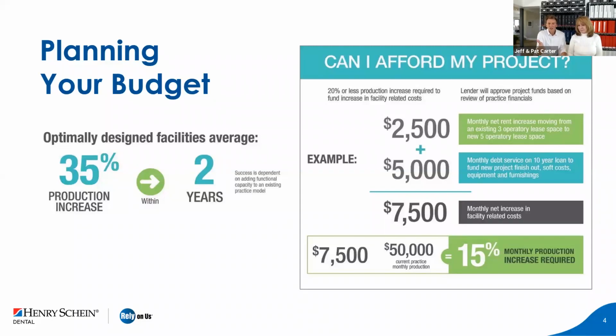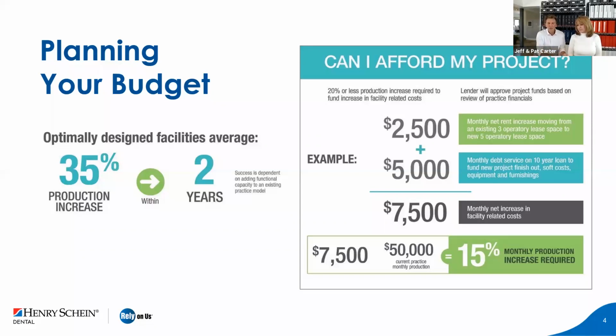So for example, here's a hypothetical where they're taking $2,500 more in new rent, $5,000 more in debt service for a new project going from one lease space to another. That's a $7,500 increase per month in facility related costs. Well, if they're producing $50,000, that's a 15% increase.